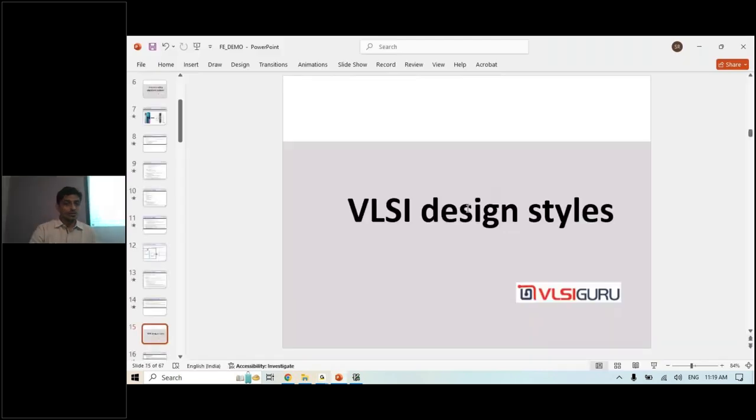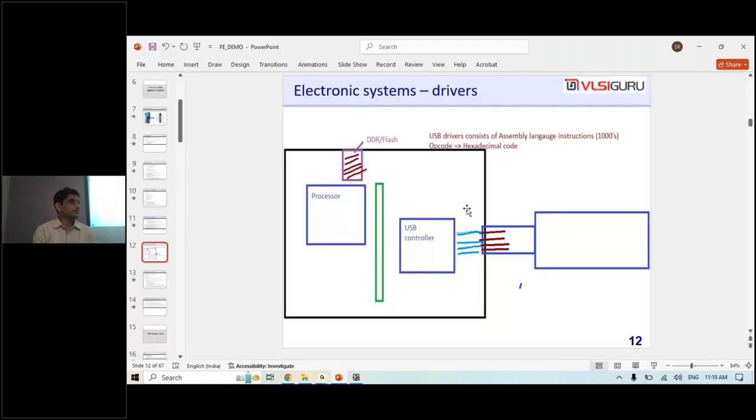I'll go to this diagram. As the frequency increases, that much more quickly it will get the instructions, and that much more quickly it will do the transfers. So you draw two clocks. Let's say I draw one clock which is running at 1 gigahertz. Let's say this is how that clock is.